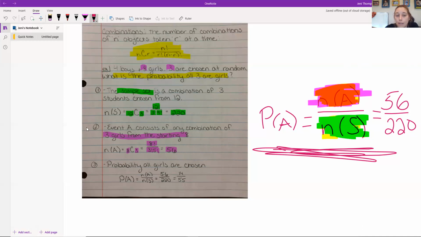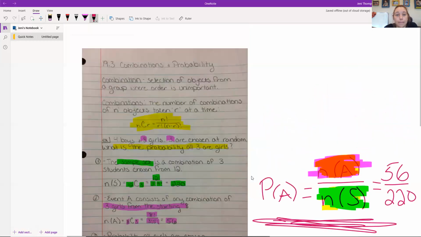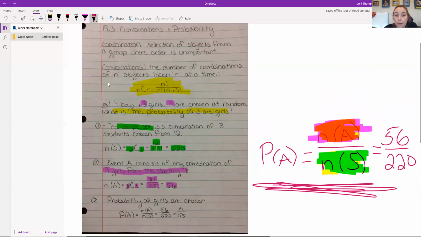This is a good template to follow along and figure that out. This is the important formula for 19.3. This combinations formula will get you all the information that you need to find the probabilities of certain events.